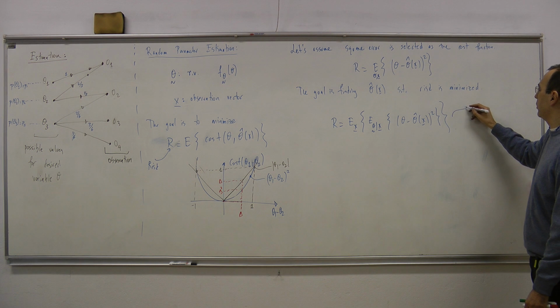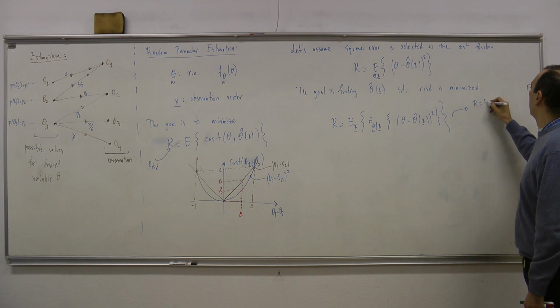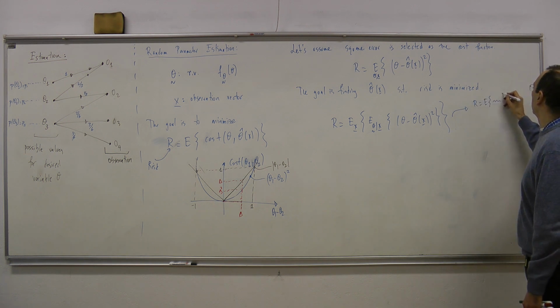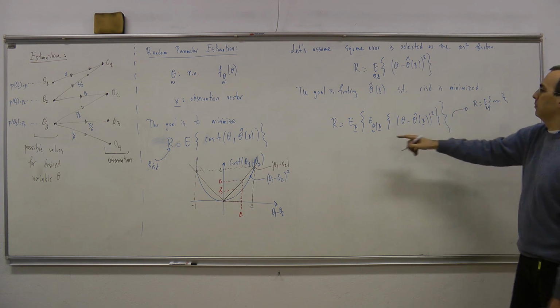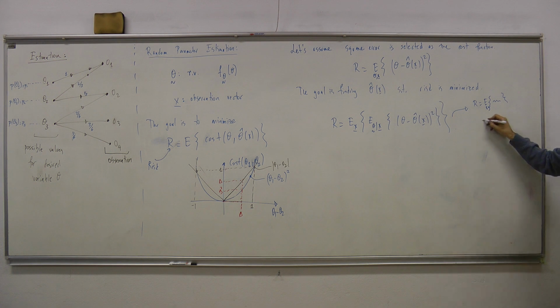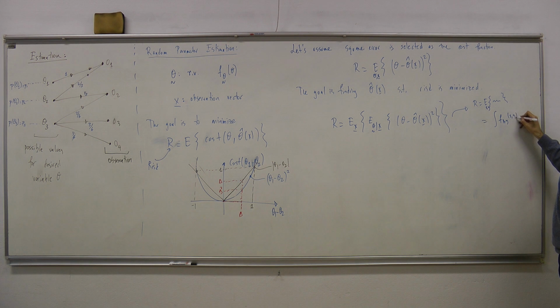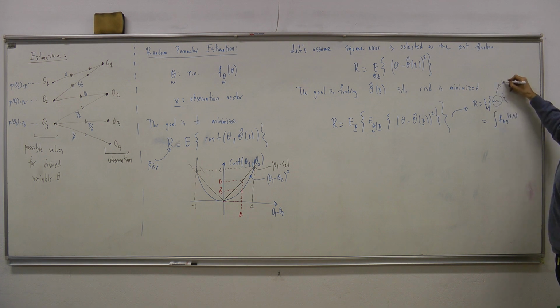If you don't remember what's going on, if R is equal to the expected value of some argument, say of x and something else, then this is nothing but the double integral of h of x, y times f of x, y, dx dy.